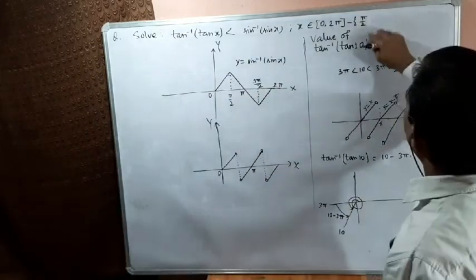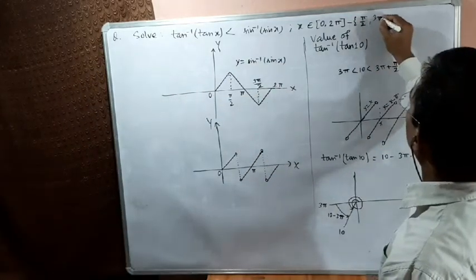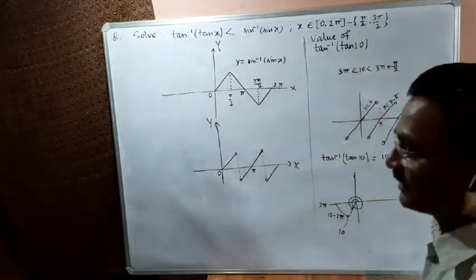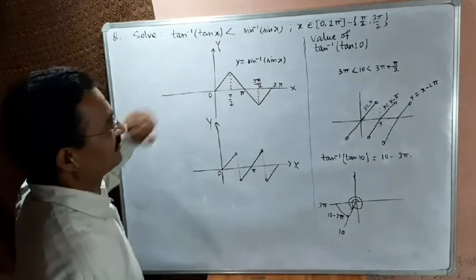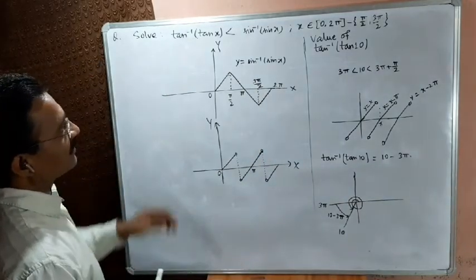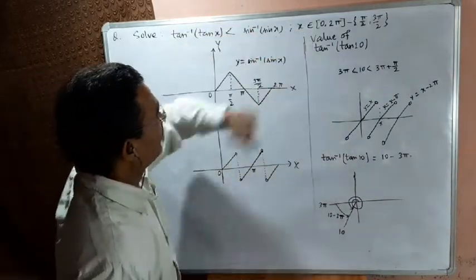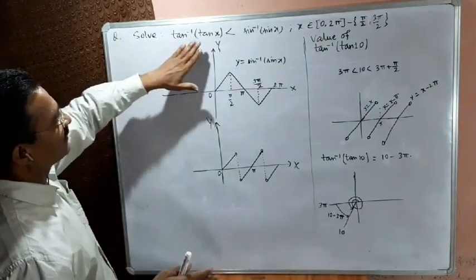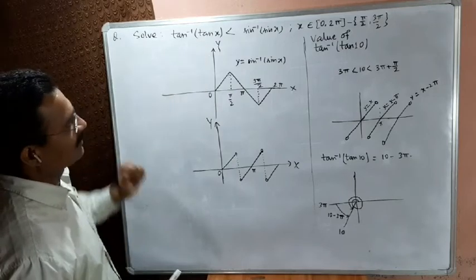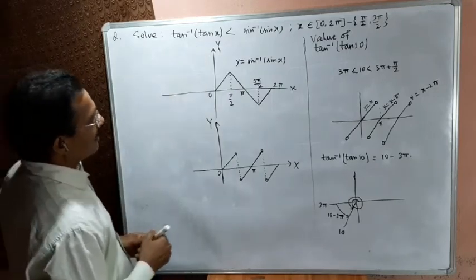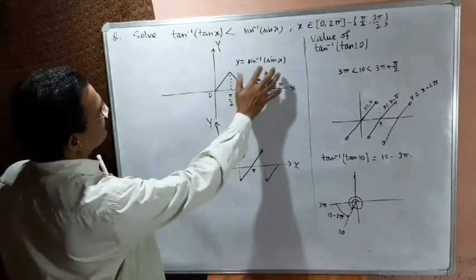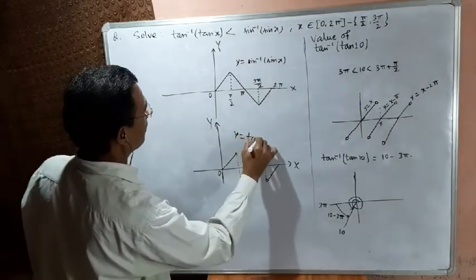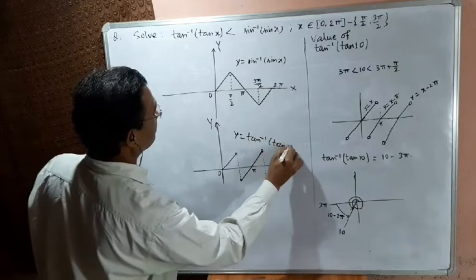I have excluded pi by 2, and one more angle should also be excluded, 3 pi by 2, because these two are not in the domain of tan x. So for this domain, for what set of values of x will this inequality be satisfied? For this, I have traced the graph of y equals sin inverse of sin x, and next y equals tan inverse of tan x.